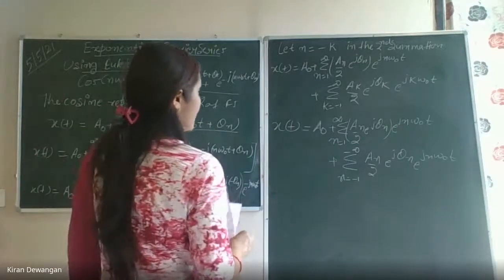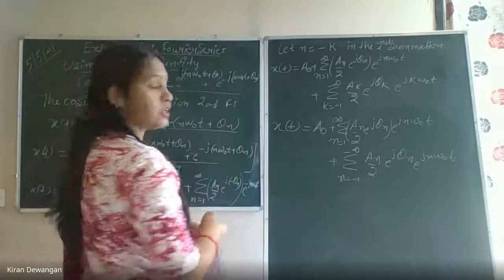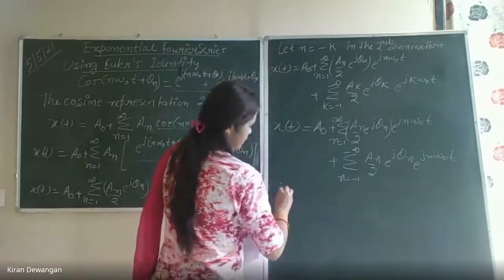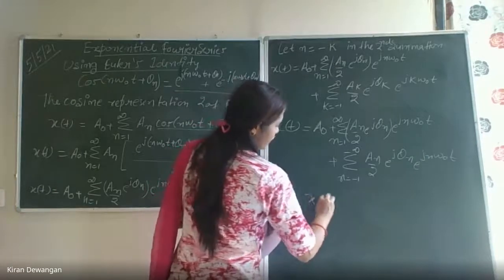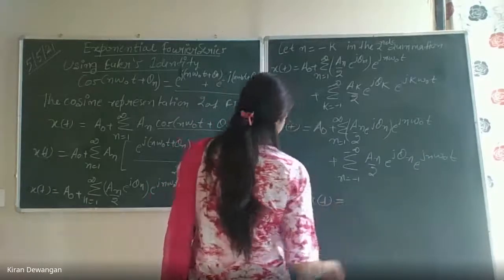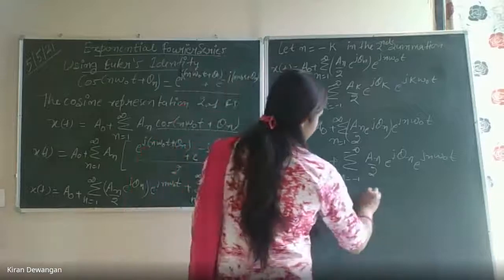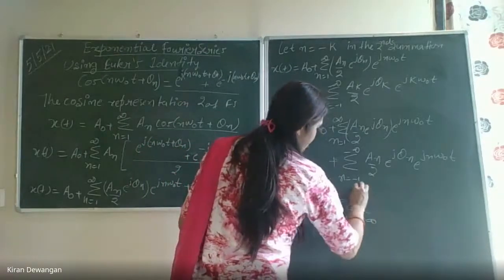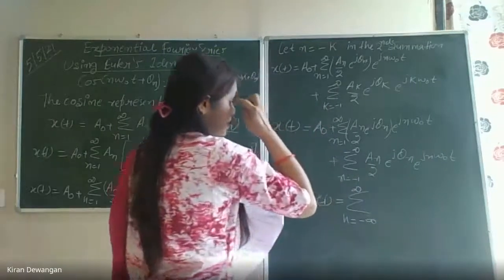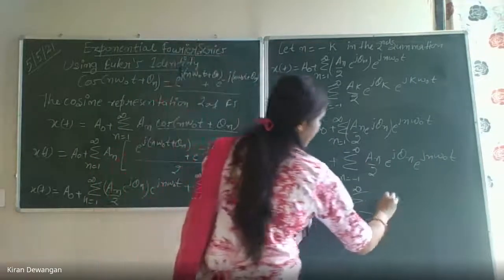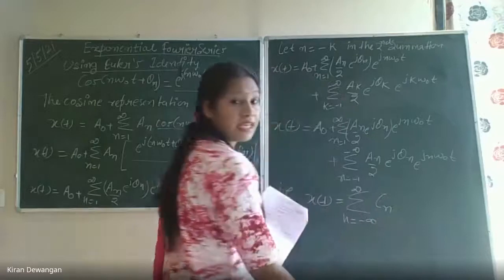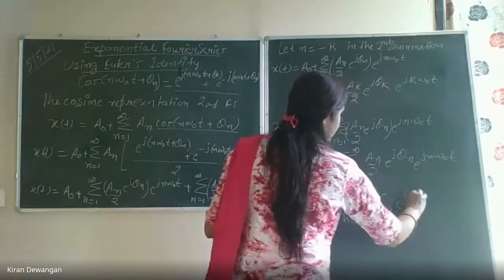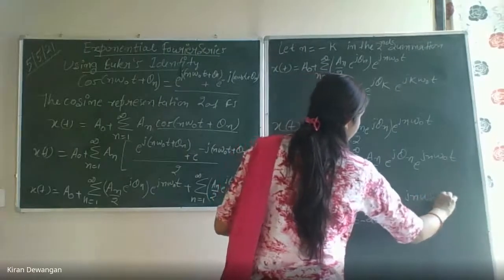Finally, we can write our exponential form of Fourier series as x of t can be replaced by summation n minus infinity to plus infinity. Now taking another coefficient cn into e to the power j n omega naught t.